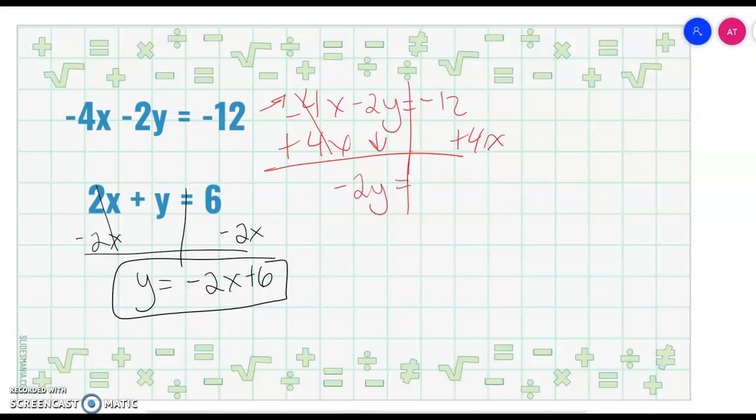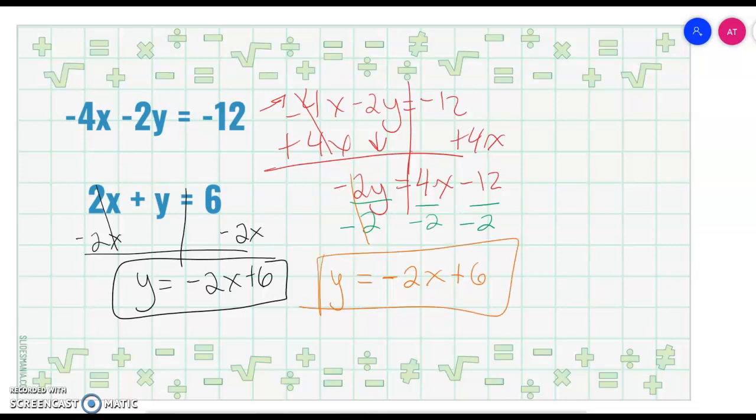So I have negative 2y equals 4x minus 12. The last step to do is to divide everything by negative 2. So these negative 2's will cancel. I'll be left with y equals, what's a negative divided by a positive? A negative. 4 divided by 2 is 2 with the x. And the negative divided by a negative is a positive. 12 divided by 2 is 6.